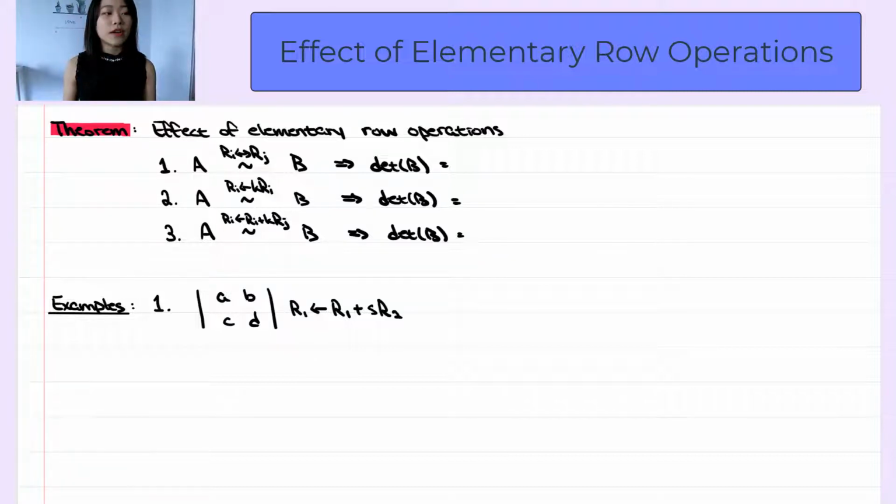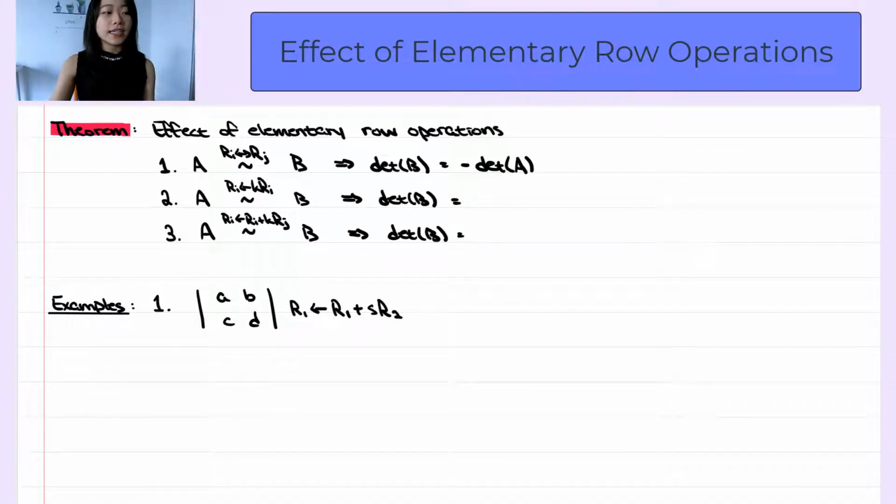So suppose we start from matrix A, and we perform one of the three elementary row operations, and we get to matrix B. Then how is the determinant of matrix B related to determinant of matrix A? For the first type, if we interchange two rows, determinant of the resultant matrix equals negative of the determinant of the original matrix.